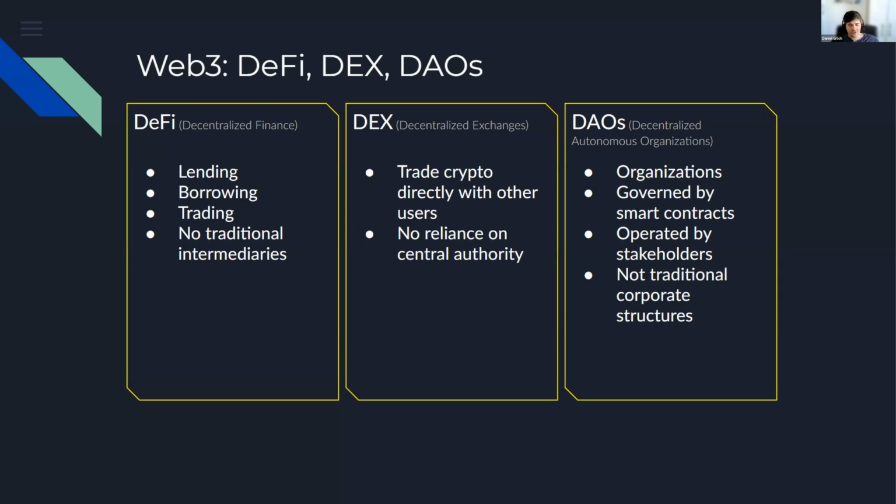And then, very interesting again, this is a new development too, we have DAOs, which are decentralized autonomous organizations. Now, they are organizations that are governed by smart contracts and operated by people who own equity stake in that company. And all of this is done through the blockchain. So on the blockchain, you will buy an NFT that represents your stake in a corporation or an association or whatever.